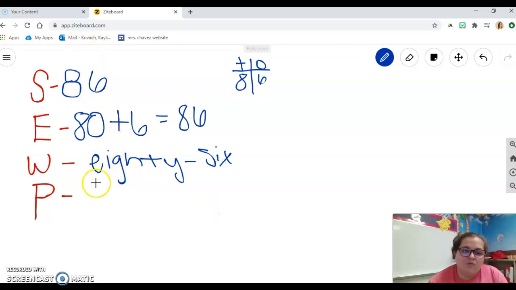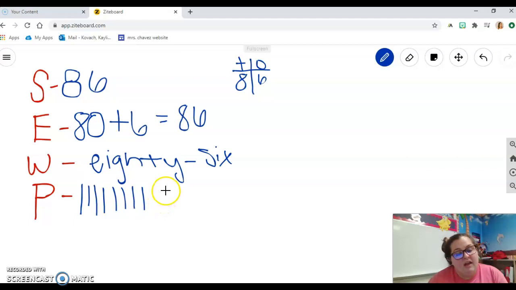Okay, and our pictorial form is going to look like before. 1, 2, 3, 4, 5, 6, 7, 8, and 1, 2, 3, 4, 5, 6.